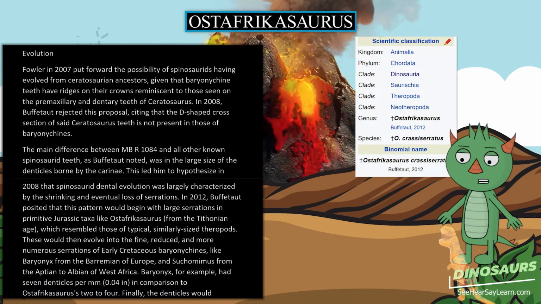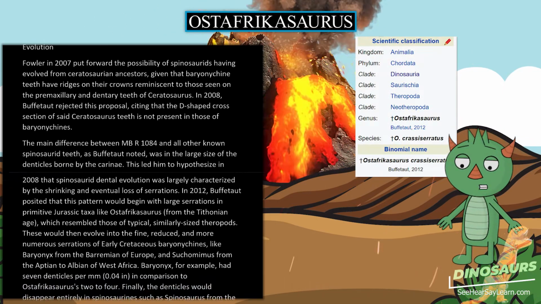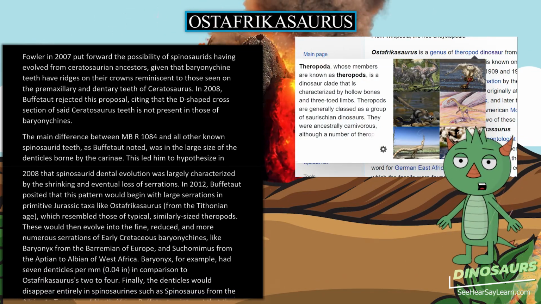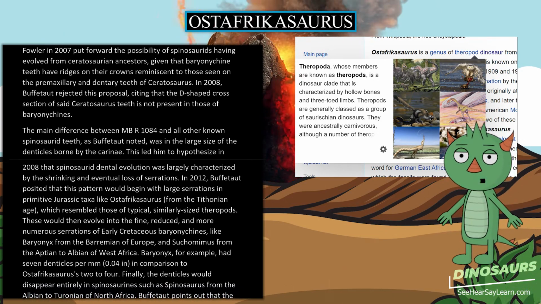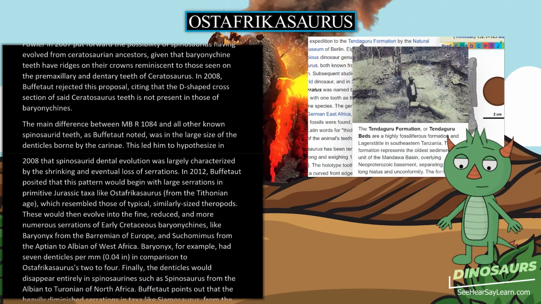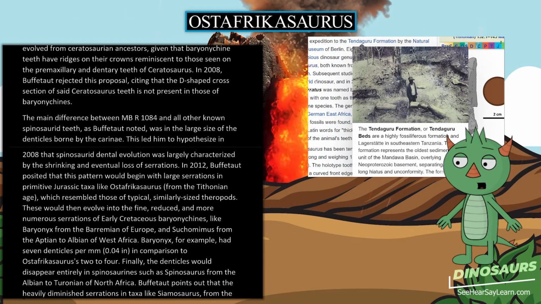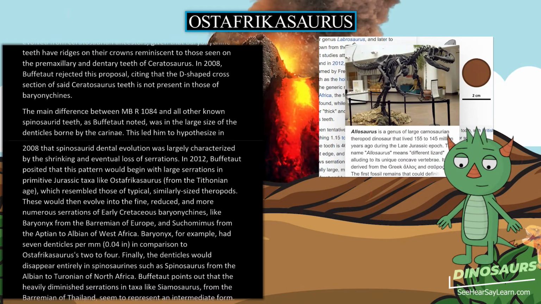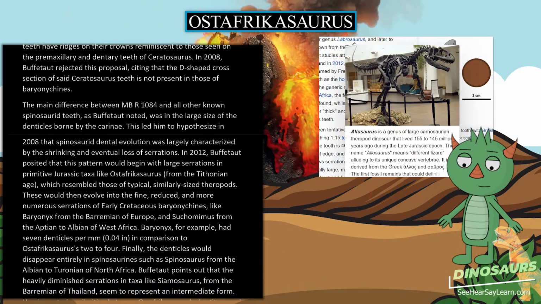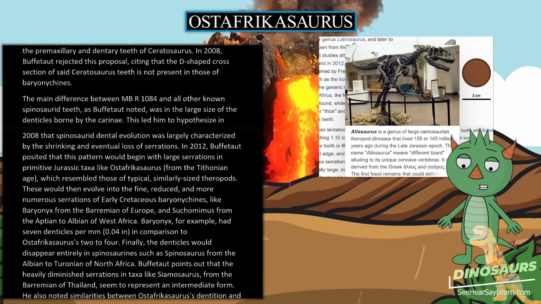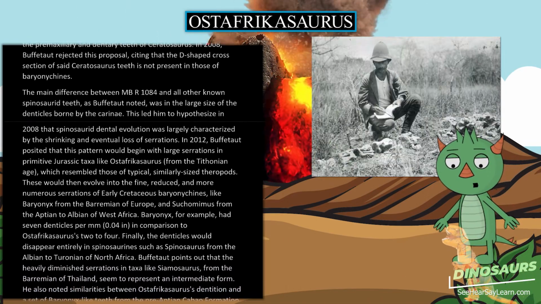This led him to hypothesize in 2008 that spinosaurid dental evolution was largely characterized by the shrinking and eventual loss of serrations. In 2012, Buffetaut posited that this pattern would begin with large serrations in primitive Jurassic taxa like Ostafrikasaurus, from the Tithonian age, which resembled those of typical, similarly sized theropods.